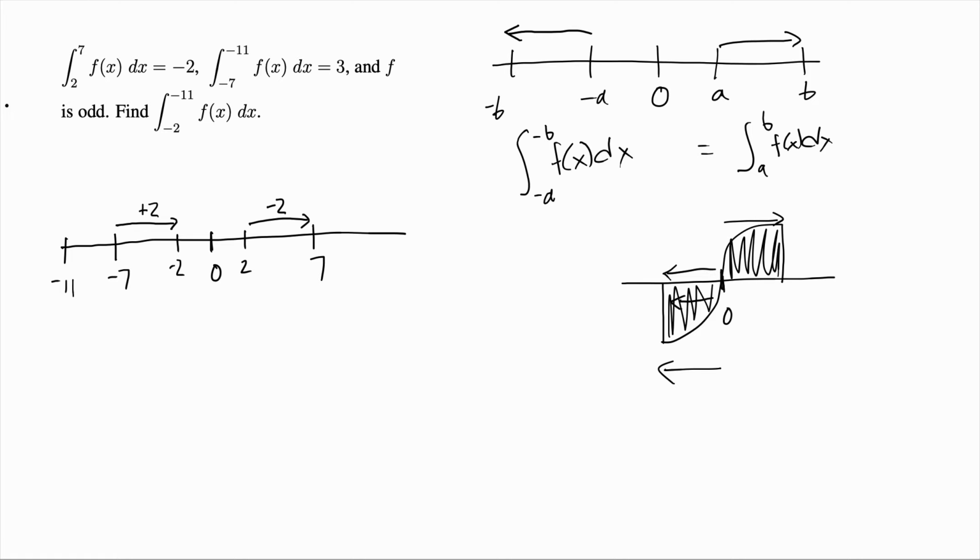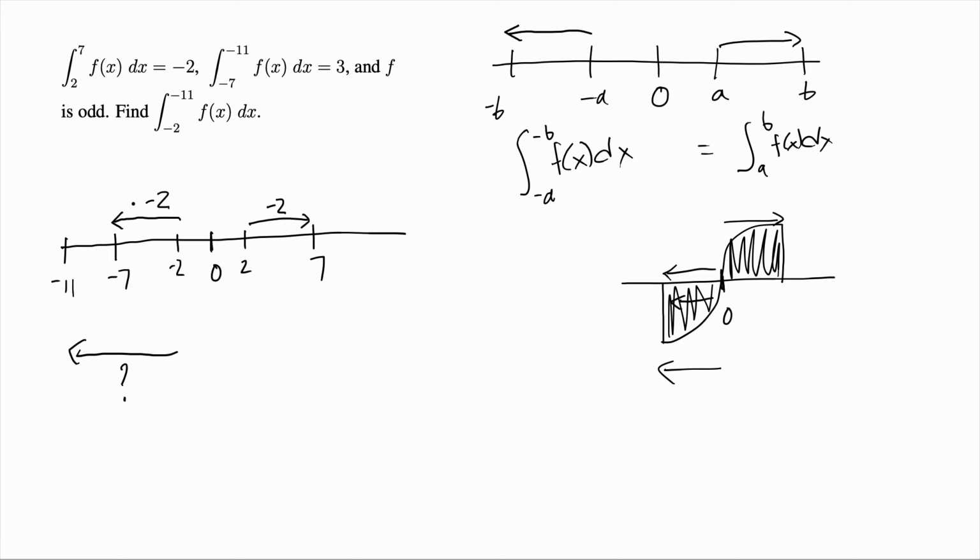Now, however, if we want to go in the opposite direction, we could think about this as simply being -2, kind of symmetric this way and that way because it's odd. We know that because we're given this -2 right here for starters. Then using the symmetry, we know that this would be -2 going this way. Notice that we actually want the backwards integral from -2 all the way to -11. This is what we're after.